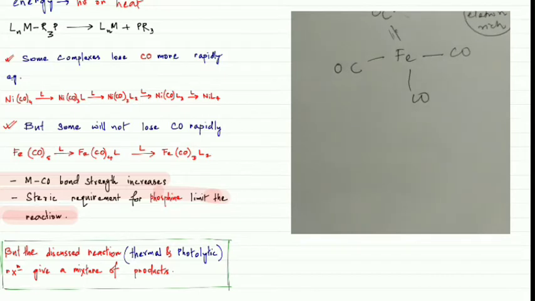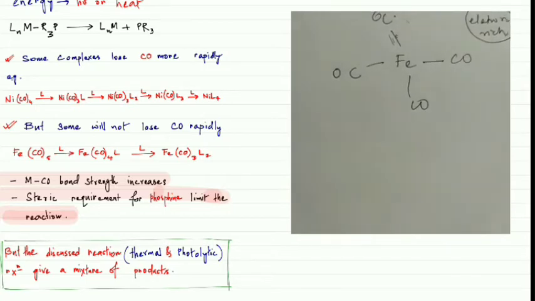That's why nowadays we don't use this procedure to replace the carbonyl for synthesis purposes. We use different techniques or methods to prepare new organometallic complexes from that carbonyl organometallic complex. Understand?